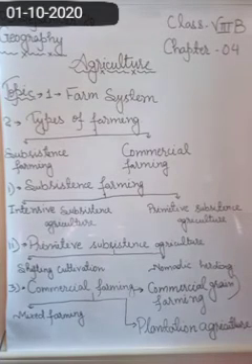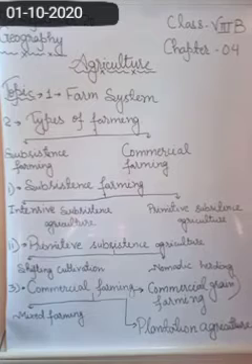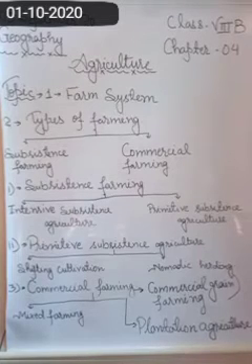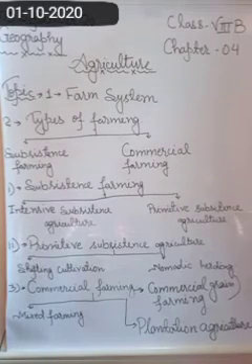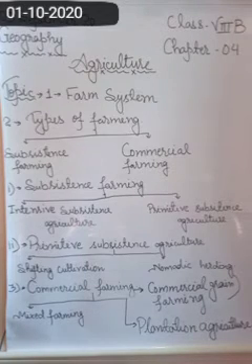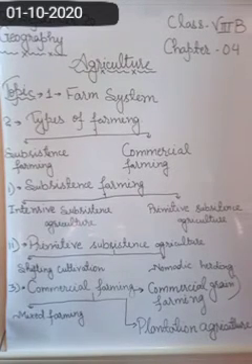So students, in the mixed farming system, land is used for growing crops, food crops or fodder crops, and animals are also reared by the farmers. So this type of farming is known as mixed farming. Understood?